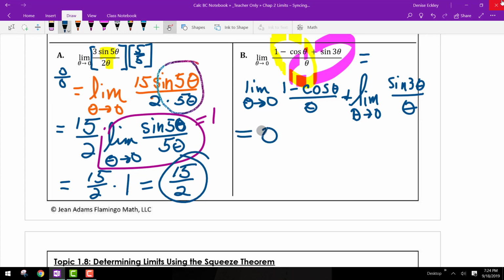The second part is kind of like the last example. I have a 3 theta here, but I don't have a 3 here. So I have to put the 3 in there by multiplying by 3 over 3.